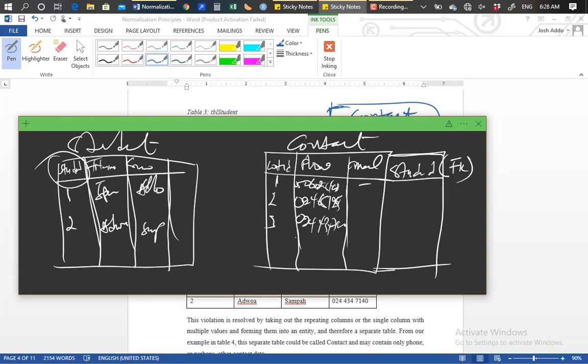So if I put 1 here, the idea is that I am associating this number with this ID to this person in the student table, because this person has the student value 1.